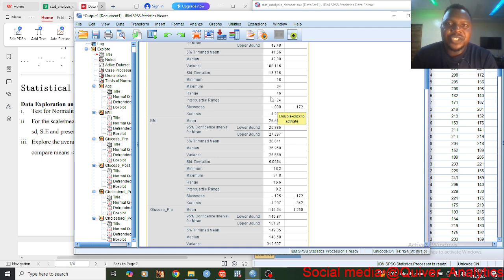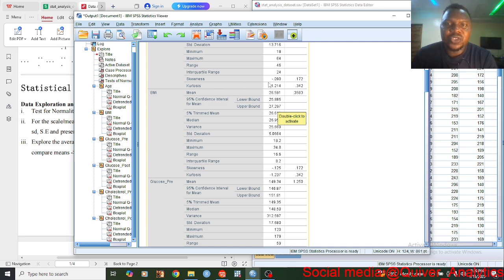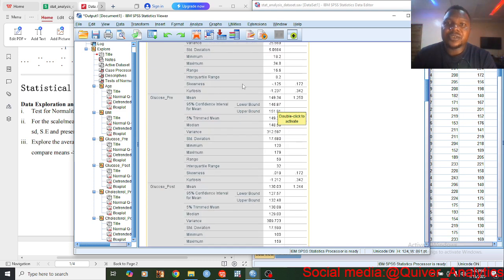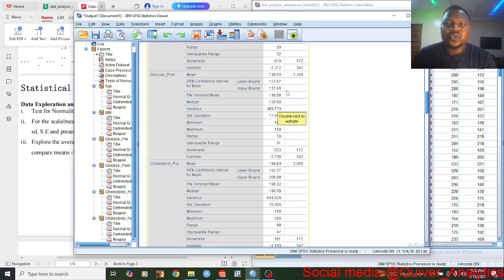Skewness and kurtosis are important. A good skewness score should be between plus and minus 1, and a good kurtosis score should be between plus and minus 2. So this is good. BMI as well for normality tests. This is also good, and so on.